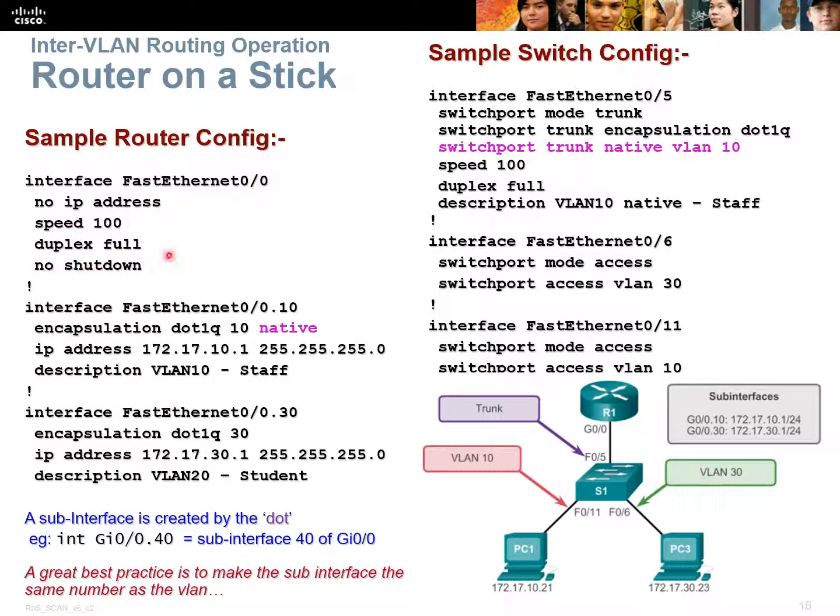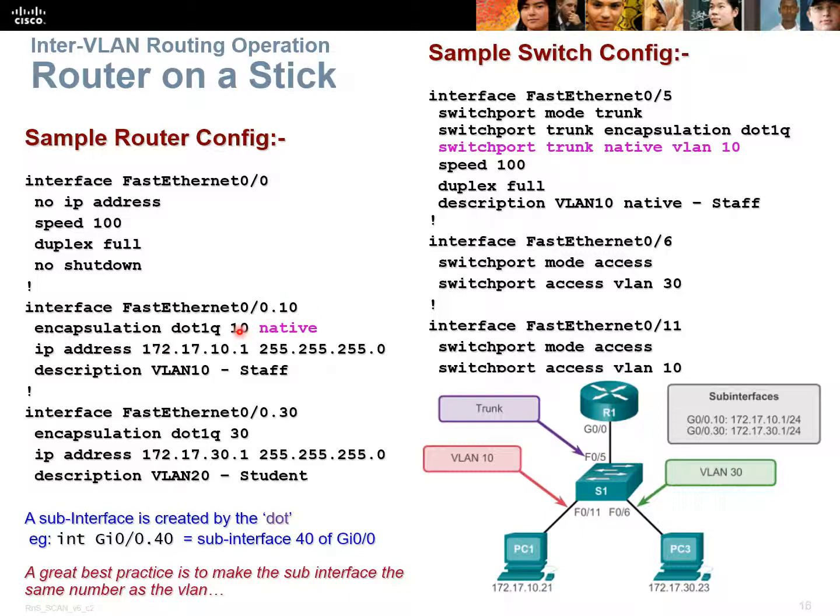So the very first thing we need to do is enable, with no shutdown, the major interface. Then look at here, FastEthernet 0/0.10, encapsulation dot1q 10, IP address 172.17.10.10. Now, the fact that this is 10, this is 10, and this is 10, that's not a rule. That's just a very, very strong guideline.